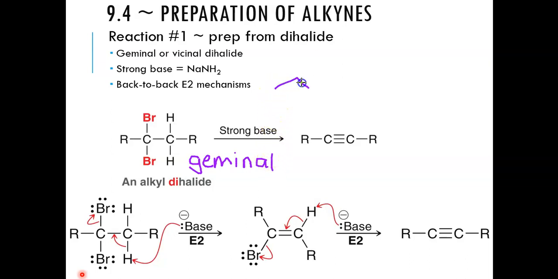The other way to draw it out would be to have our two halogens on neighboring carbons as a vicinal dihalide, and either one will give us the same product. And then the base that's being used here is that NaNH2. It does need to be a good, strong base.